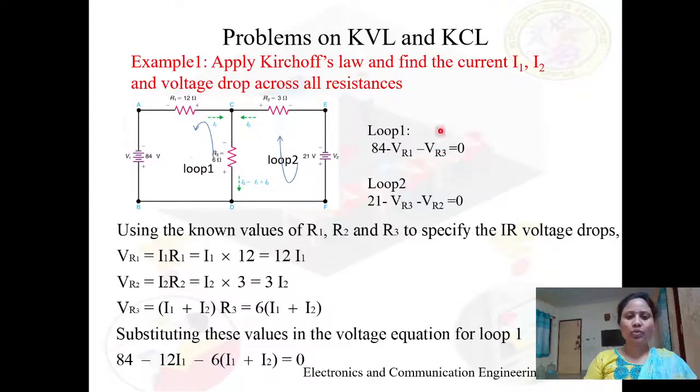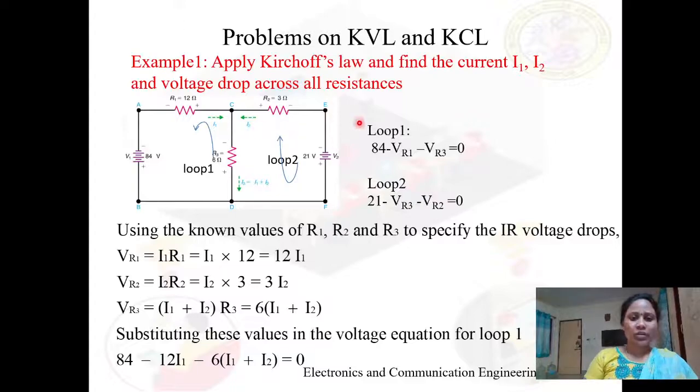When we go through a closed loop, if the sign changes from minus to plus, we consider such voltage as positive, and if the sign changes from plus to minus, we consider such voltages as negative, because there will be a drop in potential for negative voltages and a rise in potential for positive voltages.